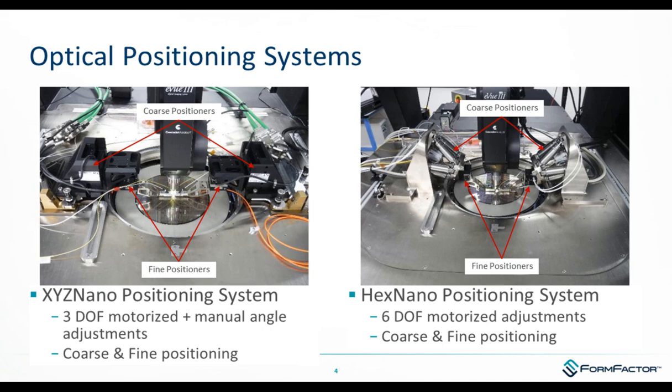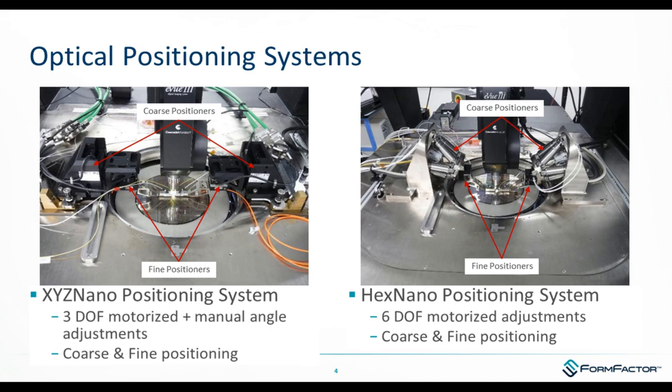The Hex Nano is a parallel kinematic hexapod with 6 degrees of freedom, XYZ, plus theta, that provides motorized motion. Both cases have the piezo cubes mounted to them, so you can perform the fast scans and the optical alignment. But really the difference is, do you need a variable angle, which you get with the motorized hexapod, or would you prefer just to have the XYZ?